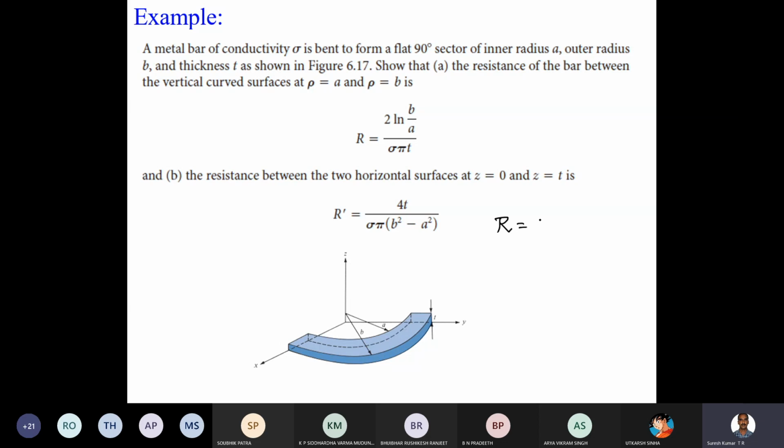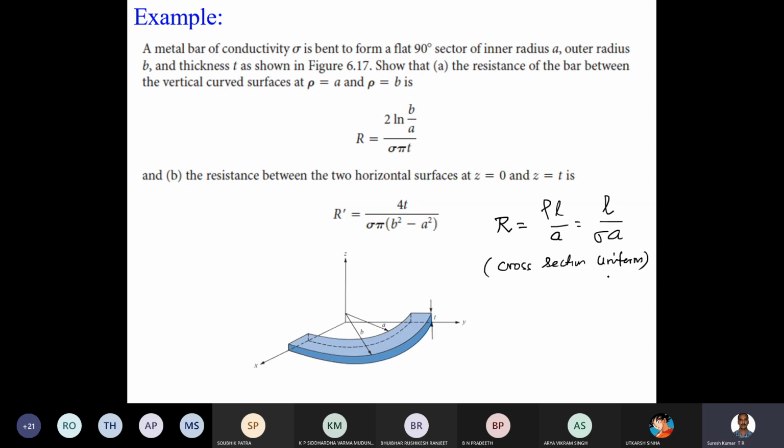So the general formula for resistance is rho L over A, or you can say L over sigma into A. Here sigma is the conductivity, L is the length of the conductor, A is the cross section. You can use this formula only when the cross section is uniform.